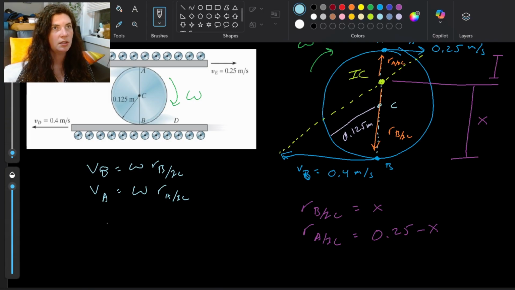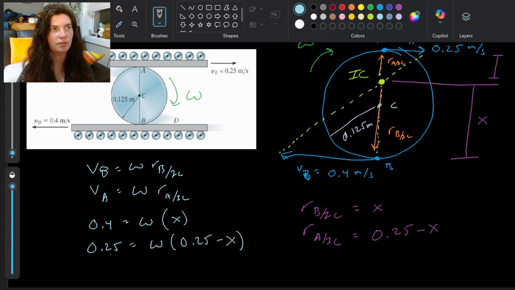So VB is 0.4 equals omega times X. And then VA is 0.25 equals omega times (0.25 minus X).